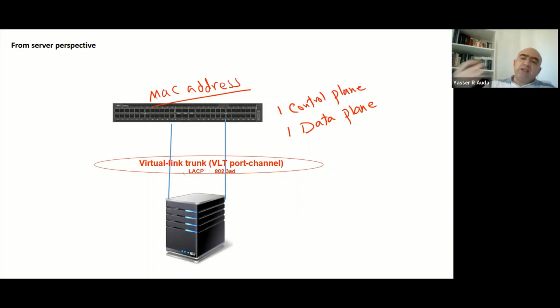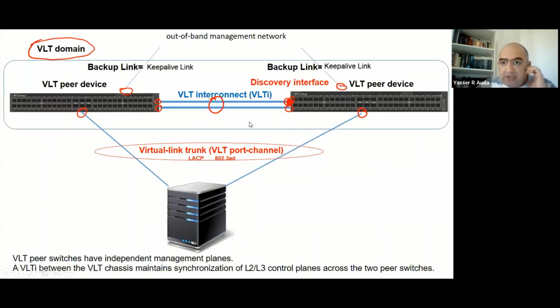And you might remember that on day one, when our colleague was talking about software-defined networking, the software-defined controller tries to separate the control plane from the data plane. But anyway, here in VLT, when it comes to control plane and data plane, we need to remember that each switch has its own control plane and data plane.